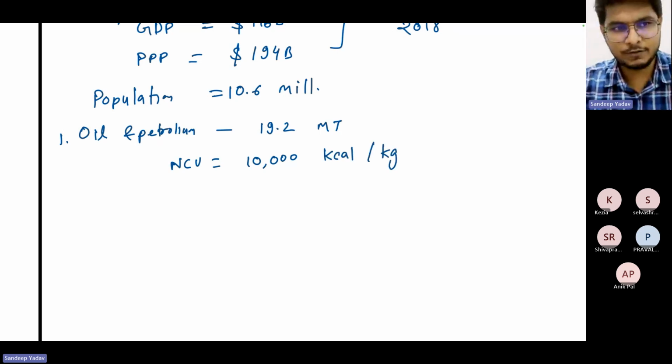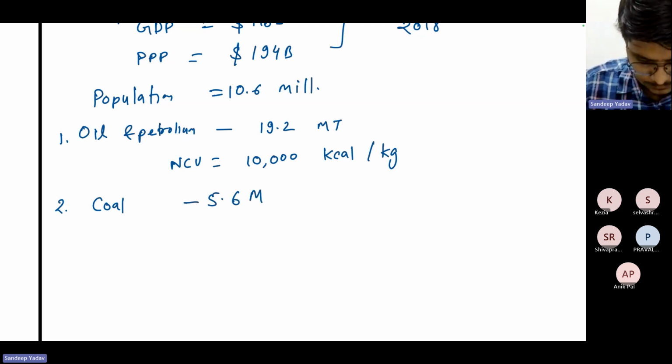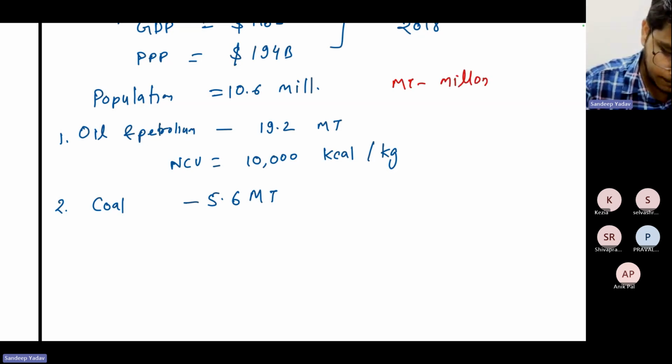NCV is net calorific value. The second thing is coal, which is 5.6 million tons. Here I am writing MT for million tons, so if you go through it again, you won't be confused.